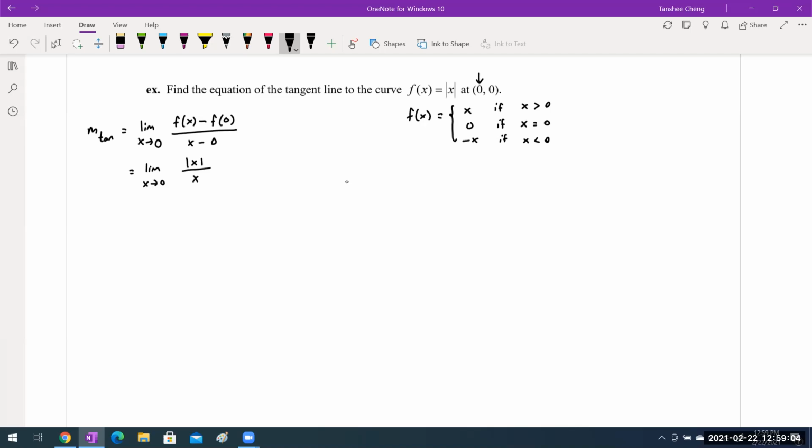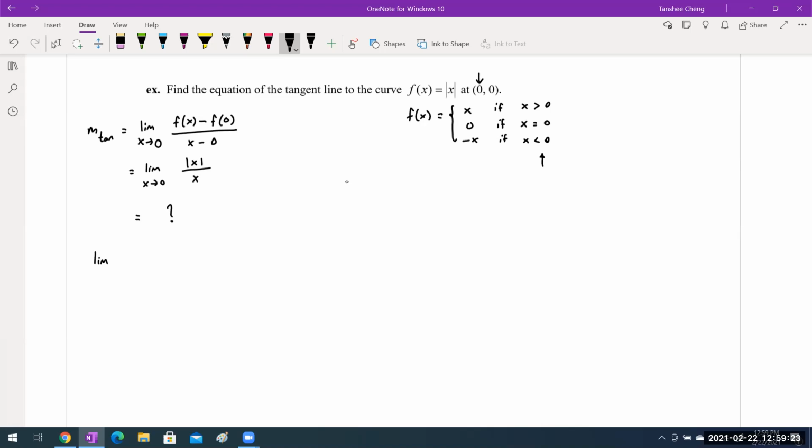Now, in order to talk about this absolute value of x limit as x approaches 0, we need to look at the left-hand side limit and right-hand side limit, because the limit that we approach is within more than one part of the restricted domain.